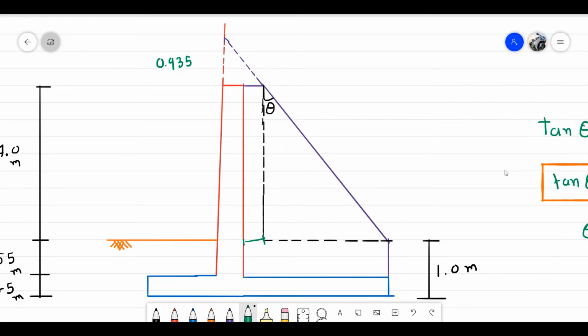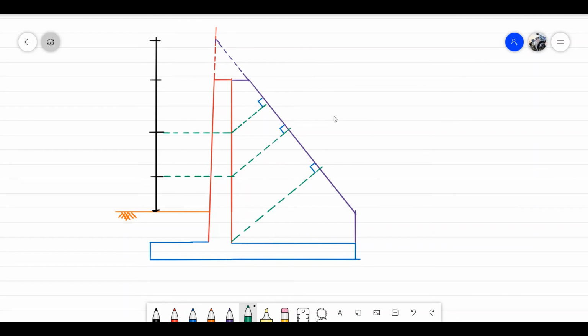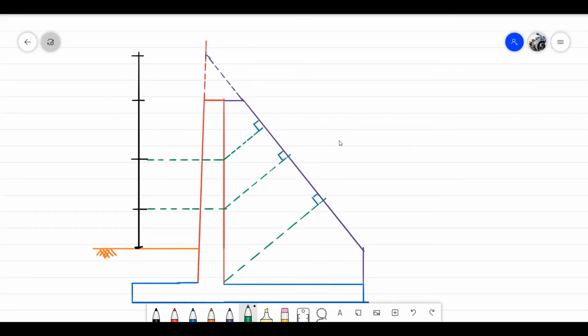Now we require all the depth of the counterfort. So I just draw one more figure in the bottom here. Here is 0.935 meter, it's the height. Now what happened? Look here. At the counterfort is some angle, and load is always at a 90 angle on the counterfort.